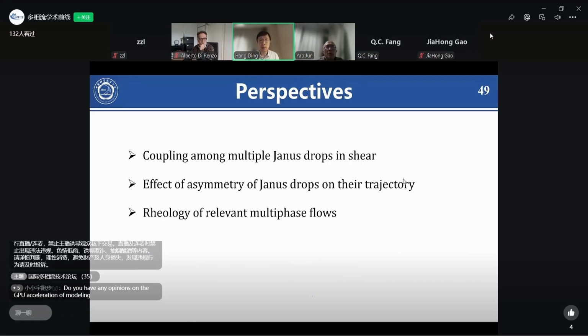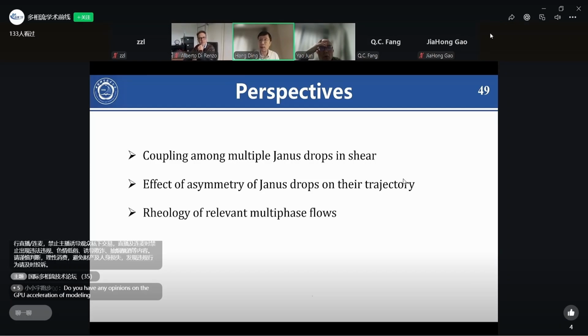Here I give some perspective because the problem is very complicated. For example, what's the coupling among multiple Janus droplets in shear? This is very important, just as shown by Professor Montanti just now. If you consider dense multiphase flows, you have to take into account the coupling or interaction between these Janus droplets, because the droplets could be so close.